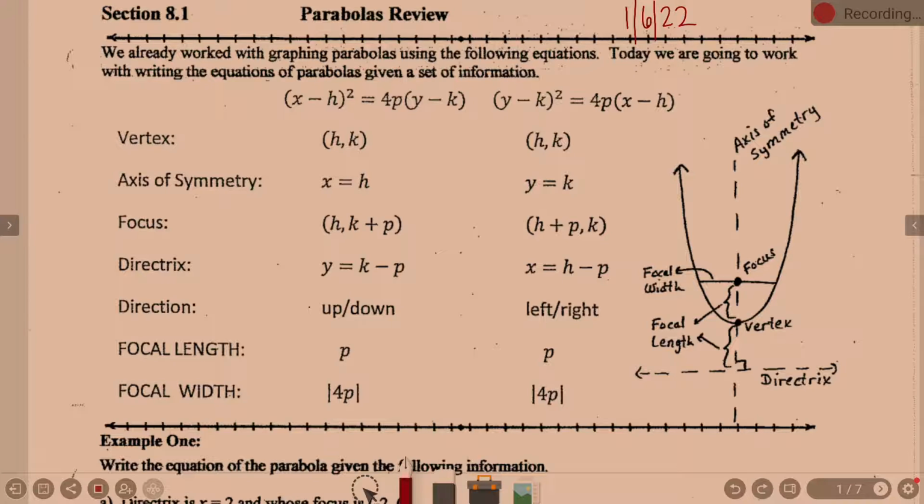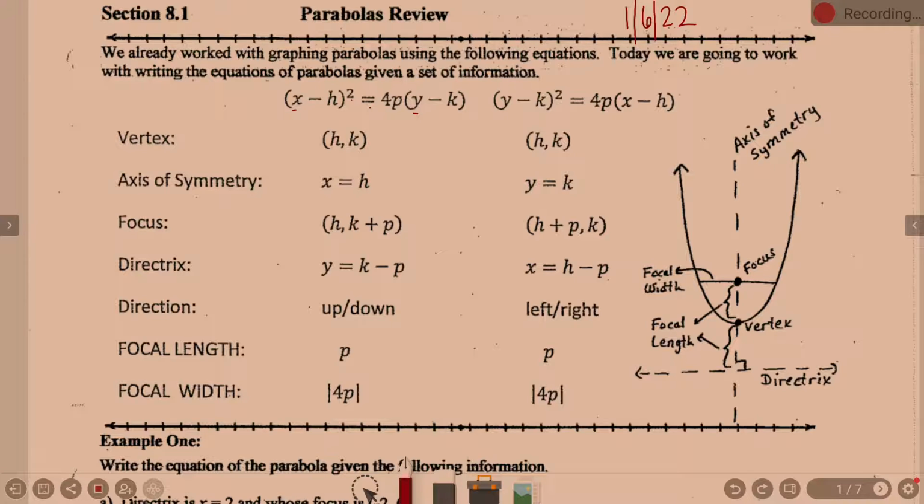This is of the setup y equals x squared, it just looks a little bit different. The h and k is going to be the vertex, because our parabolas are not always centered at 0, 0. For a parabola that opens up or down, our axis of symmetry is always x equals a number, and if you recall from Algebra 2, it's x equals the first number of the vertex.